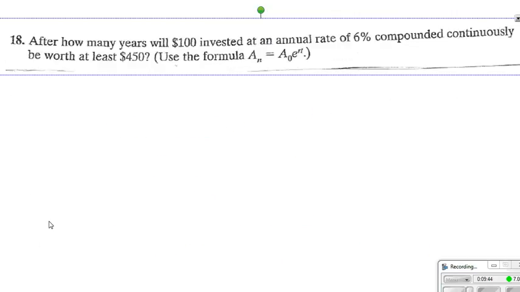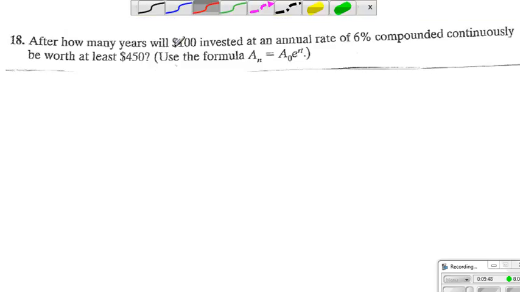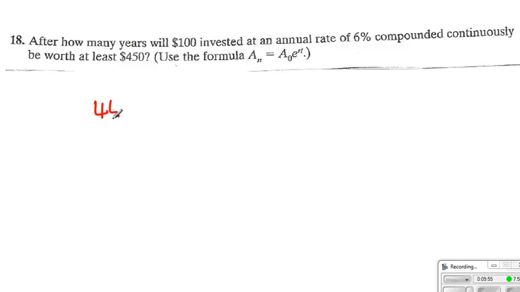All right, next question, number 18. How many years? Once again, time is the question. 100 invested in this way. Now, that means 450 is equal to 100 times e to the r, where r is 0.06, and t is equal to t.